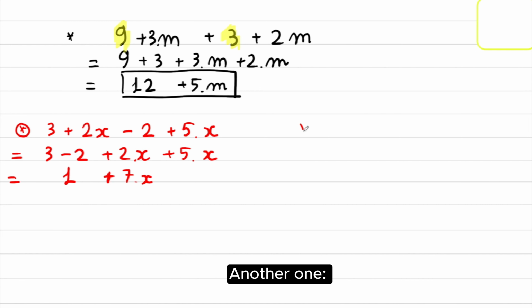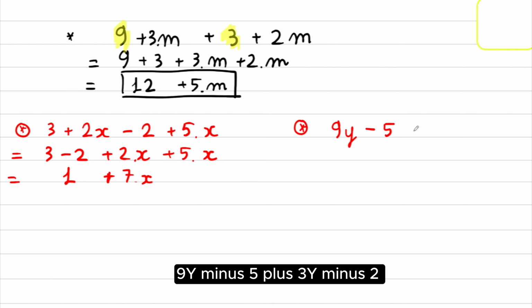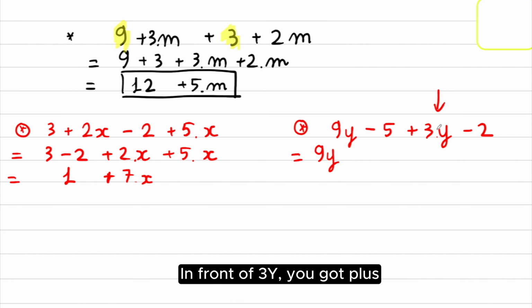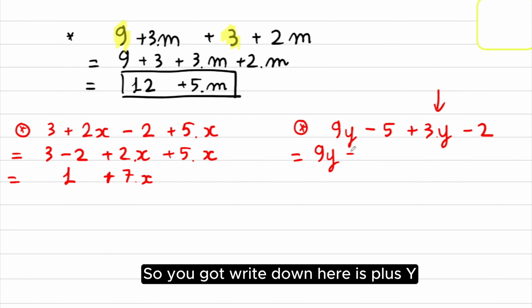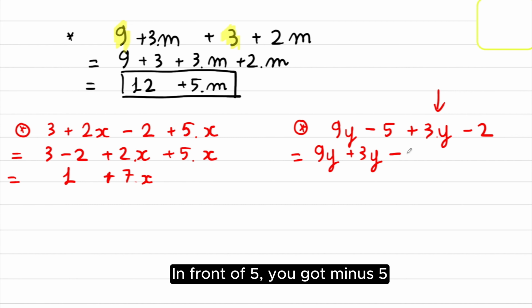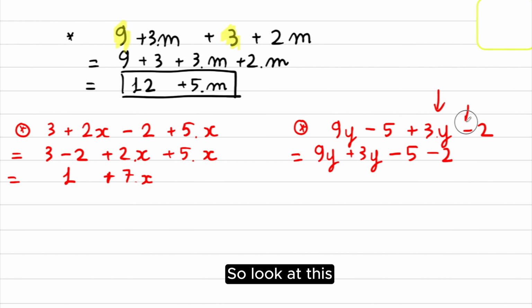Okay, another one: 9y minus 5 plus 3y minus 2. So I should rewrite it first. The first term is 9y, and the next term has to be 3y. In front of 3y you have plus, so you write plus 3y. In front of 5 you have minus 5. In front of 2 you have minus 2. So look at this.